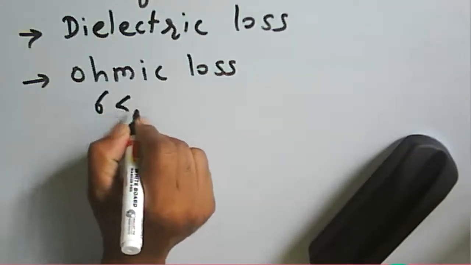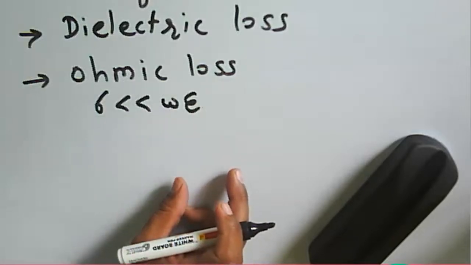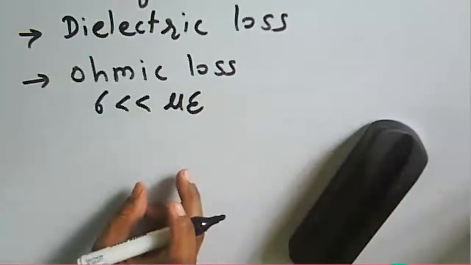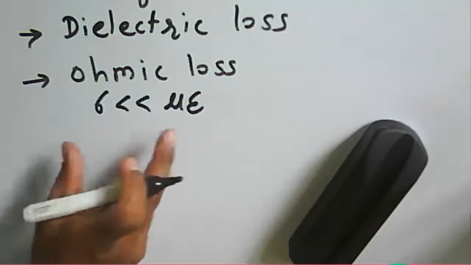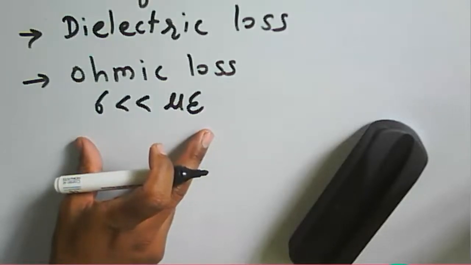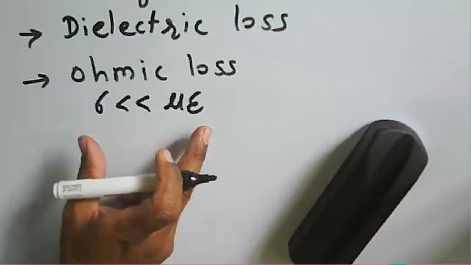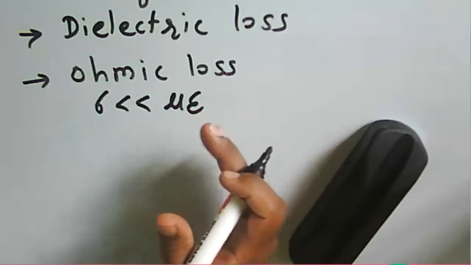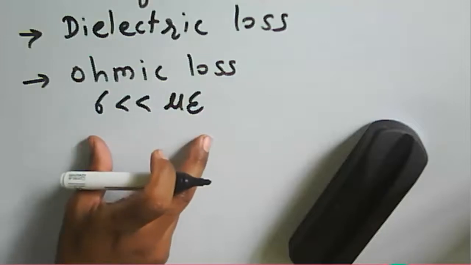In that case, sigma is very, very less than omega epsilon, sorry, mu epsilon. So that is what we are supposed to consider here. Now for this particular medium wherever we have sigma very, very less than omega epsilon, what will be the loss when the wave is traveling through it?